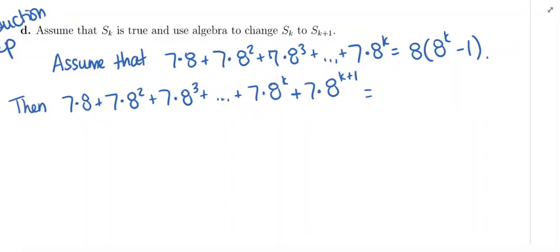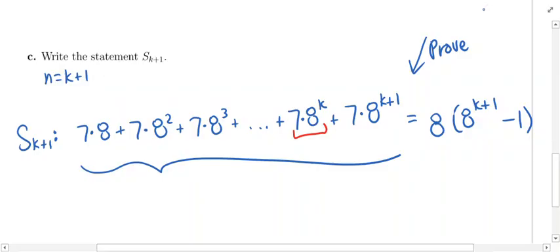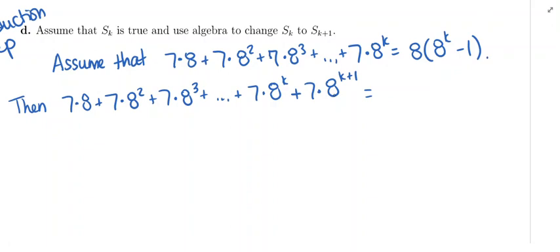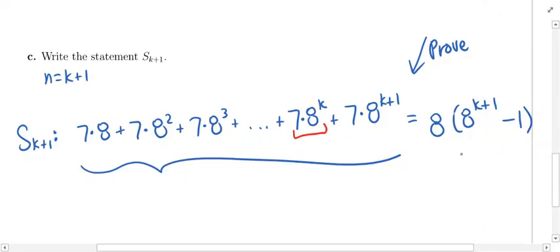Okay, so what we have to do at this point is not write down the right side. We have to start with this left-hand side that we just wrote down and use our assumption, and then use algebra. And the combo of the two, between the assumption and the algebra, you have to work it until you get the right side of this equation, and then we will be done.